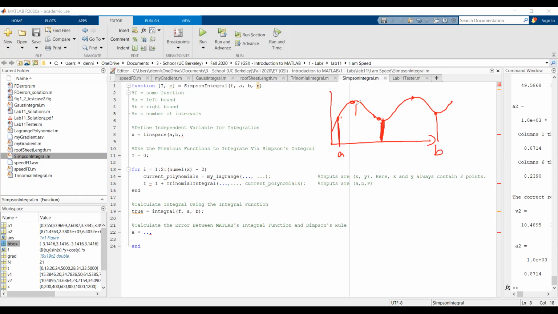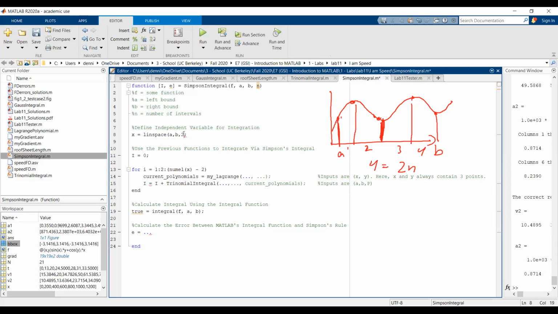It's kind of like 2n rectangles. This is going to be 1, 2, 3, 4, so 4 equals 2n. But because we need points bounding each of those, we need one more point than that. So we'll need a total of 5 points: 1, 2, 3, 4, 5. So this over here is going to be 2n plus 1.